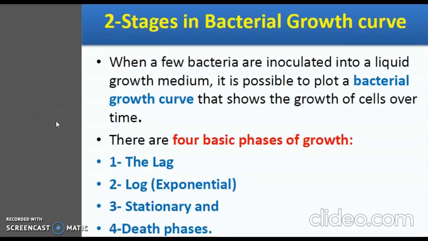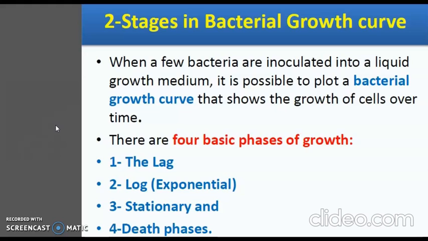When a bacterium is seeded into a suitable liquid medium and incubated, its growth follows a definite course. Bacterial counts are made at intervals after inoculation and plotted in relation to time. A growth curve is obtained and the curve shows the four basic phases of growth.